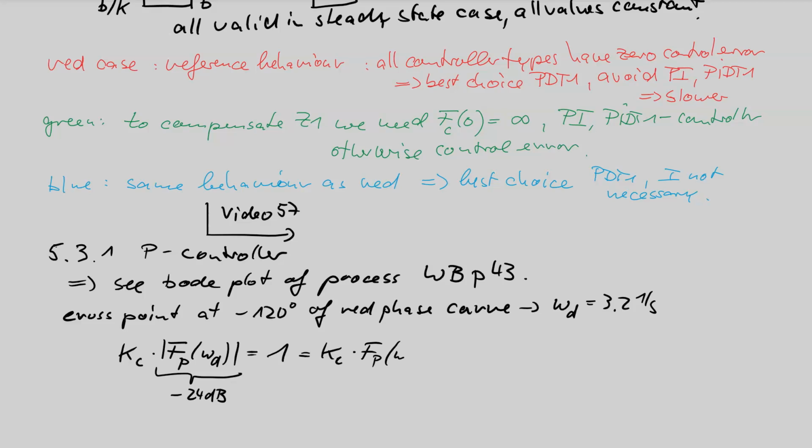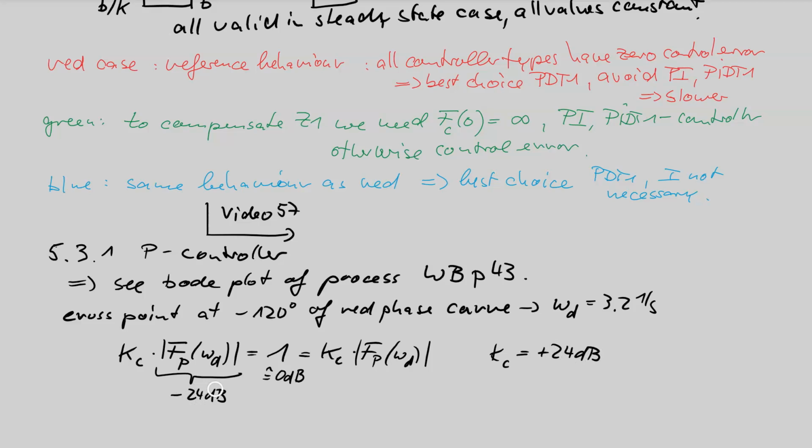Now, for example, we can say if the magnitude of the process is -24 dB, at once we can say Kc is +24 dB. It must be the inverse dB value, because this is equivalent to 0 dB. The sum of the dB values of controller and process must be 0 dB.